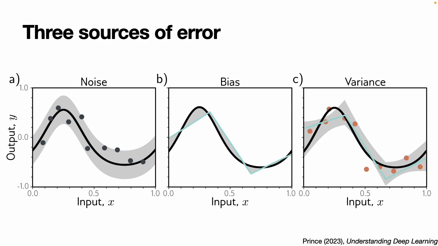There's going to be some variation in the models that I get out, and that's being captured by the shading here. If I have lots of different training data sets and fit the best model that I can to each of them, they'll all look different. So there'll be some variation in those. That's variance.